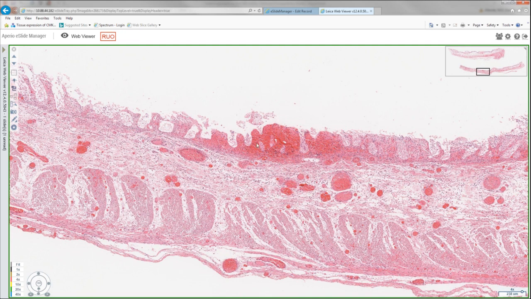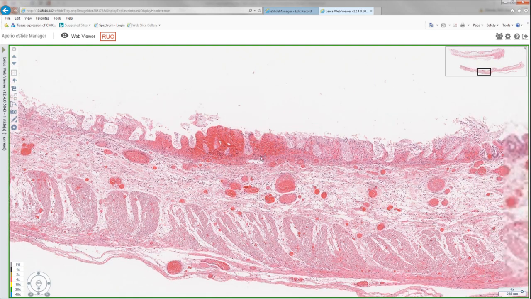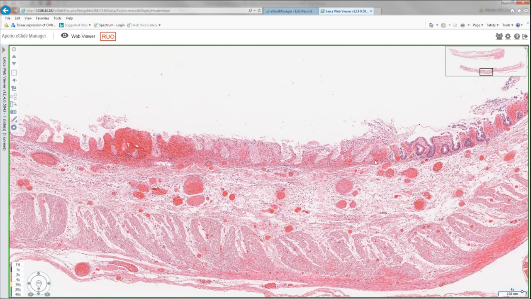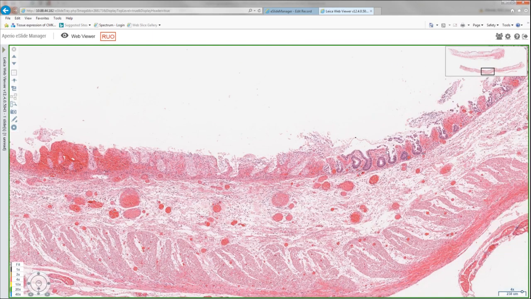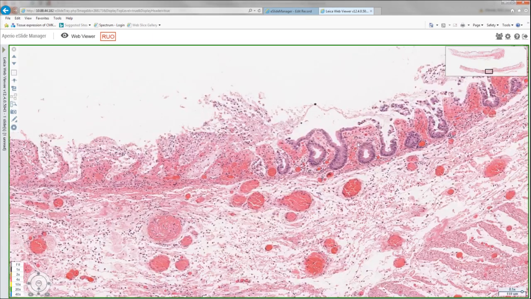The mucosa looks gone in places, right? It's pretty necrotic. This is what we call the ghost crypts, because they are pretty much disappearing as we move along. The lamina propria looks very hemorrhagic and pink, and areas that are more intact in between will show a hypocellular lamina propria many times. In this case, there's not much hyalinization, but rather hemorrhagic changes.